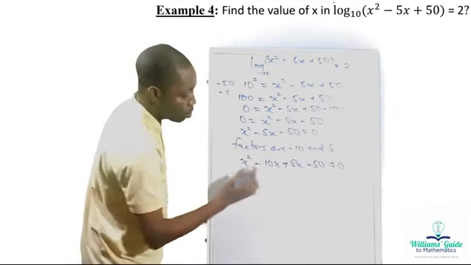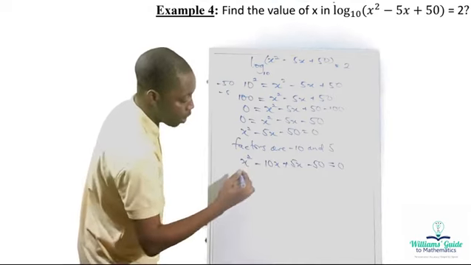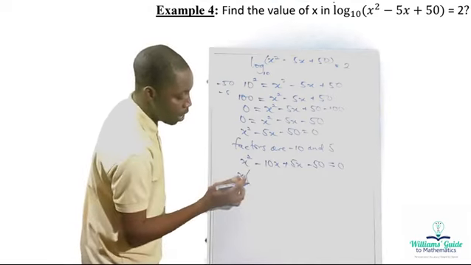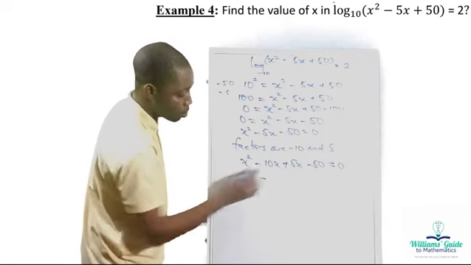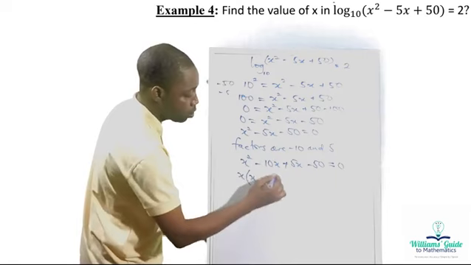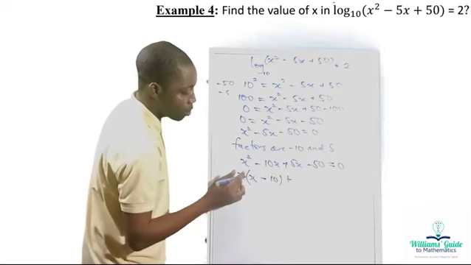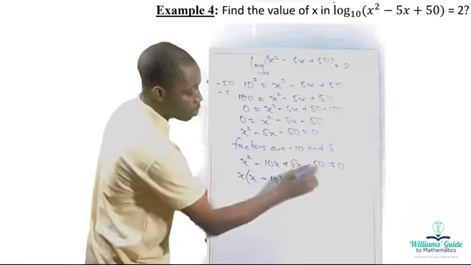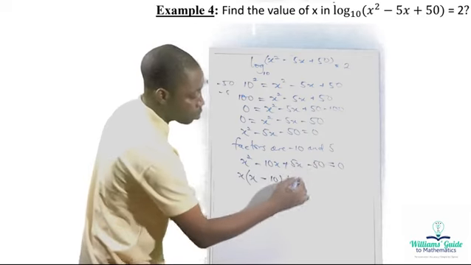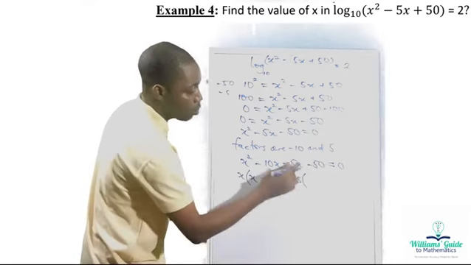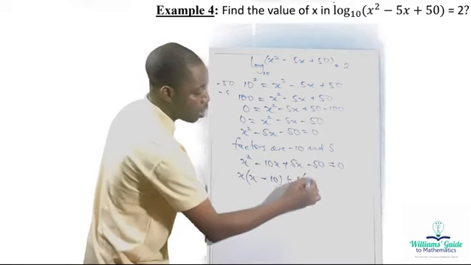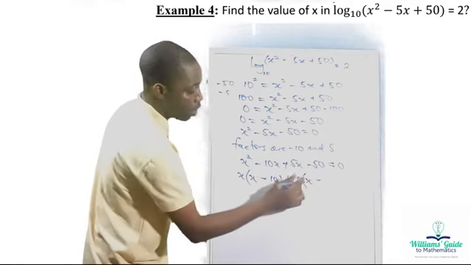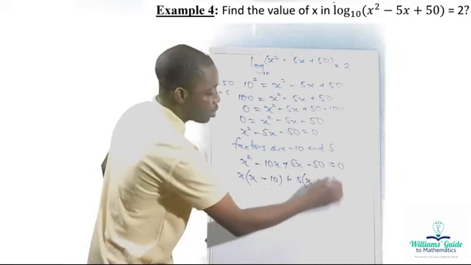Now factorizing this, x is common to the first two. I can say x into bracket x minus 10, plus 5 is common to 5x and minus 50. So we have 5 in 5x, it remains x, with a minus sign, 5 in 50 is 10.